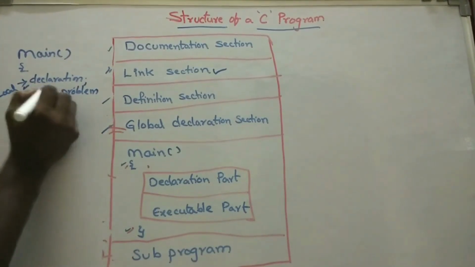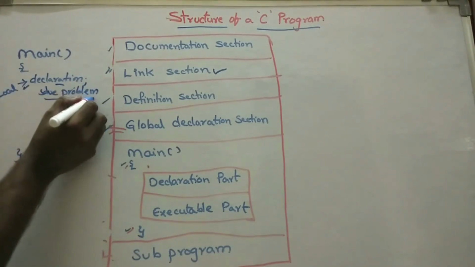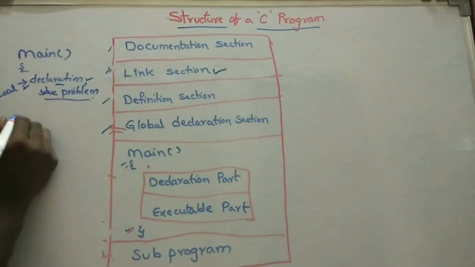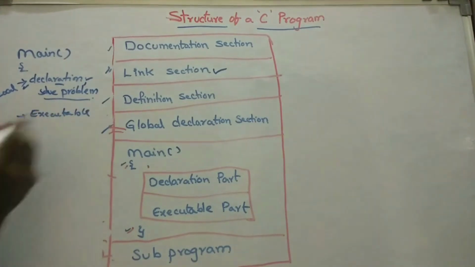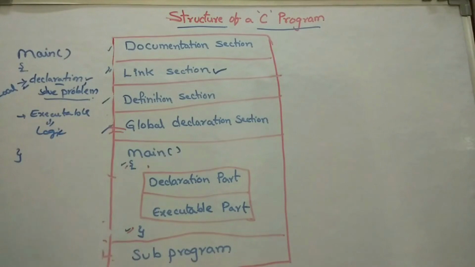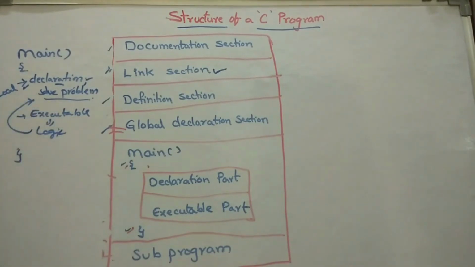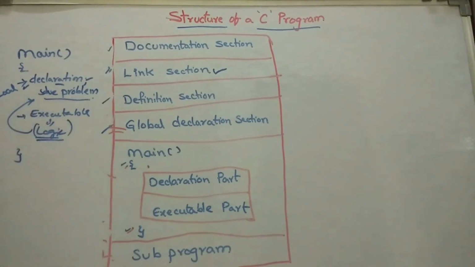Those variables we declare in the declaration part. And what is the need of the executable part? In the executable part we write some logic for the implementation of your problem.